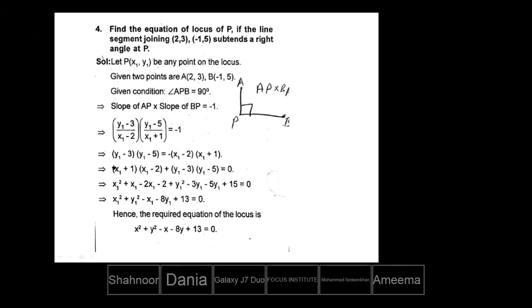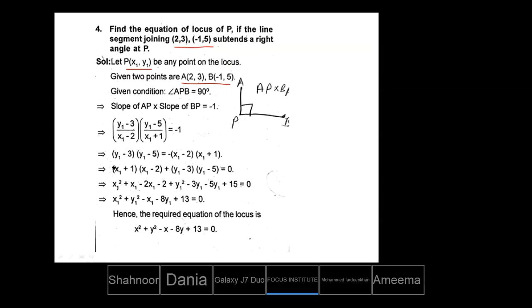Okay. Now find the equation of locus of P if the line segment joining 2, 3 and minus 1, 5 subtends a right angle at P. So what is P? x1, y1. Always remember P is x1, y1, which can be any point on the locus. Given two points A and B are 2, 3 and minus 1, 5, and these two are perpendicular.